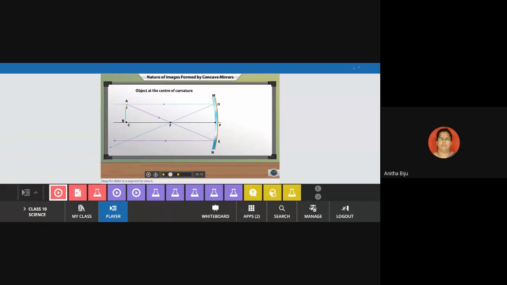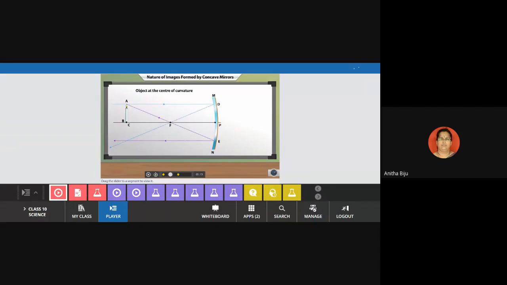Coincidentally here, the image is formed at the same position C. The image is formed at the center of curvature, and it is real and inverted, and it is of the same size as that of the object. When you draw the ray diagram accurately, you will get the position exactly at C.